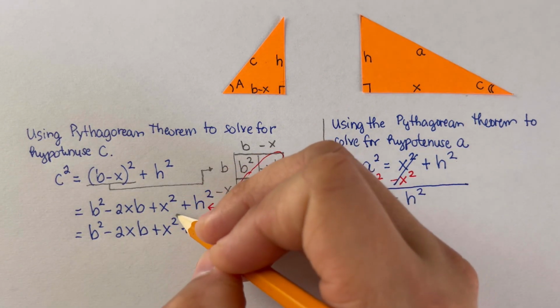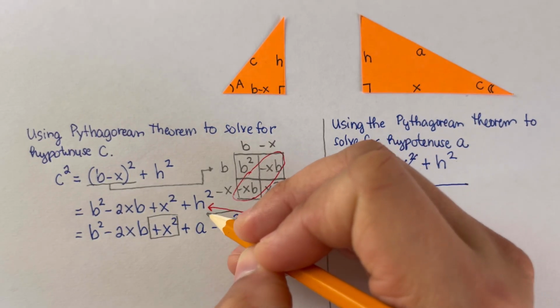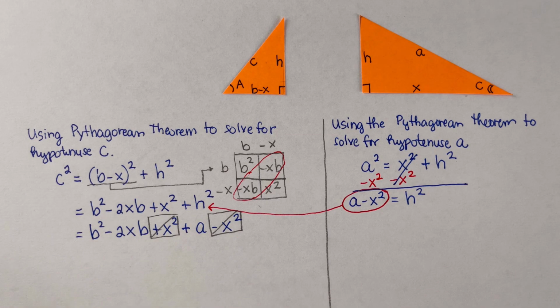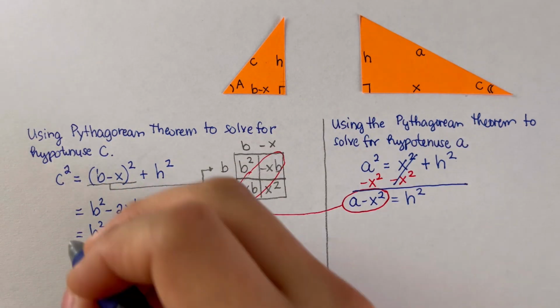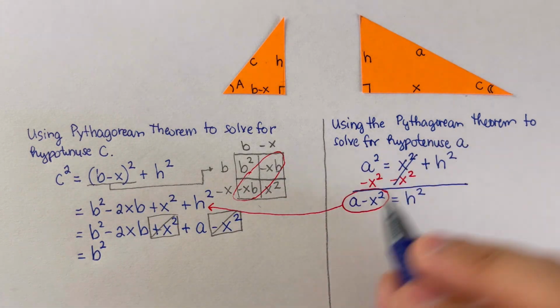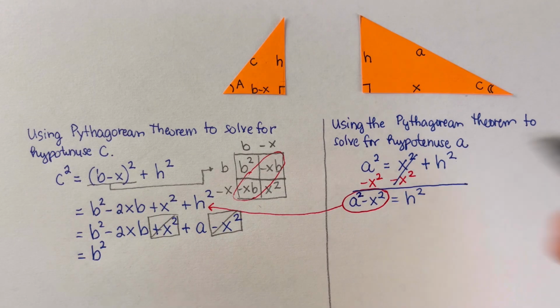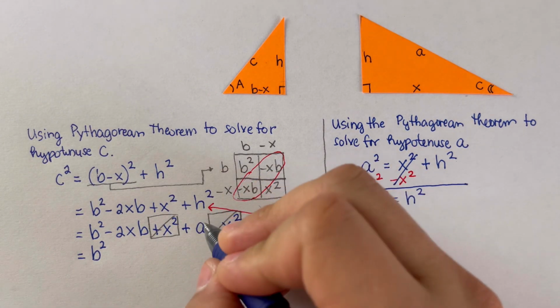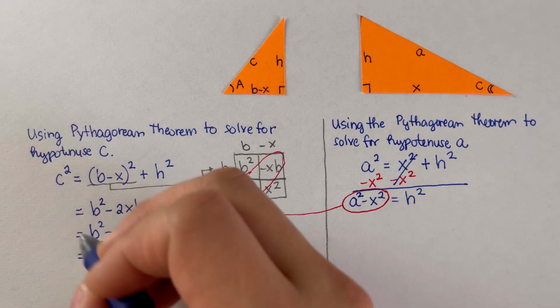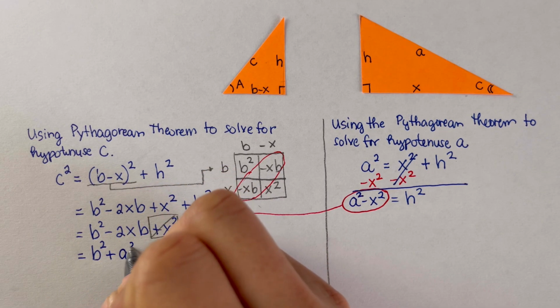We have positive x squared minus x squared, which is crossed out since x squared minus x squared is 0. By the way, this is a squared, so I missed that part. That's a squared minus x squared. So we can write this a squared after the b squared, so that is b squared plus a squared minus 2xb.